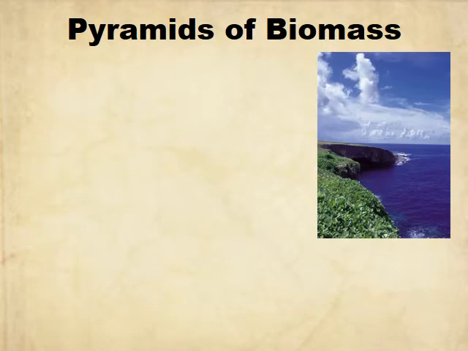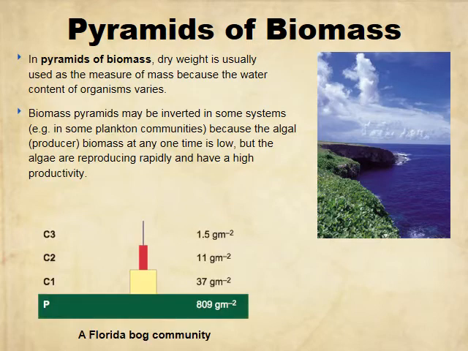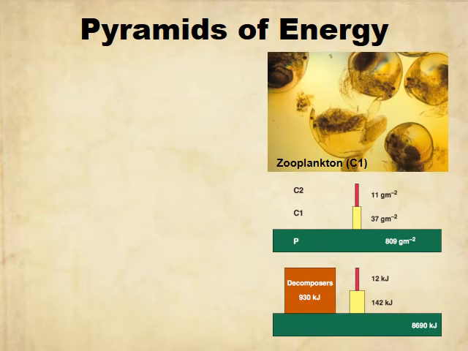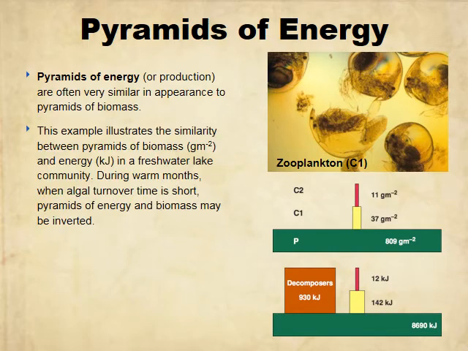Pyramids of biomass. Okay, same thing here. Dry weight is usually used as the measure. That's your biomass, and you have basically your pyramid shape. And then you have your pyramid of energy, and your pyramid of energy can't be anything but, because energy is always lost in a system.